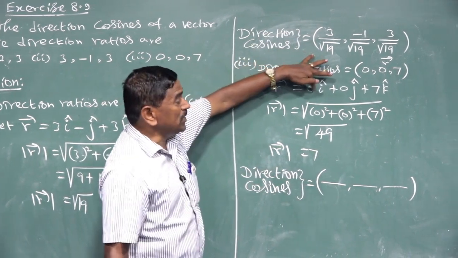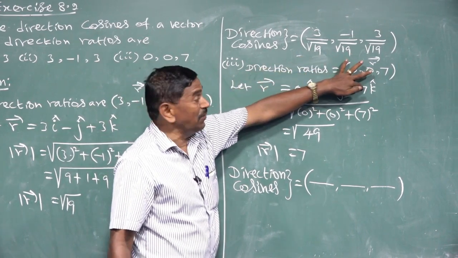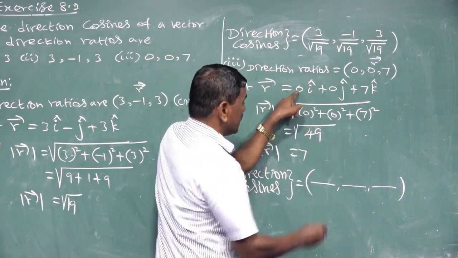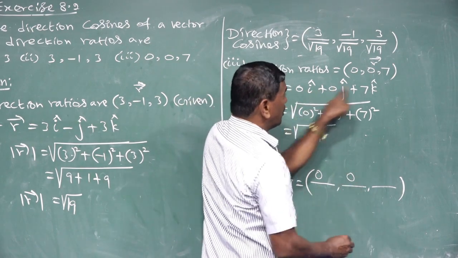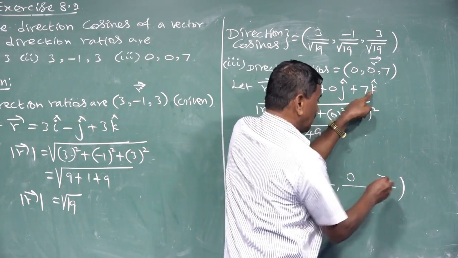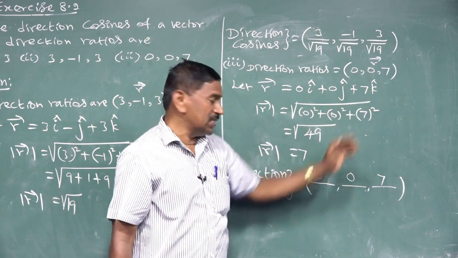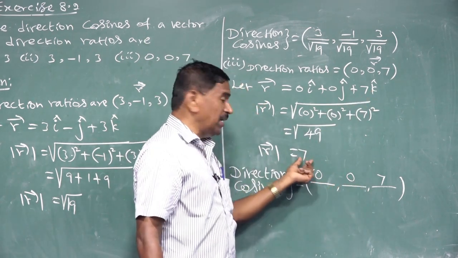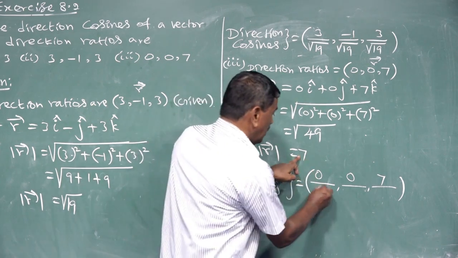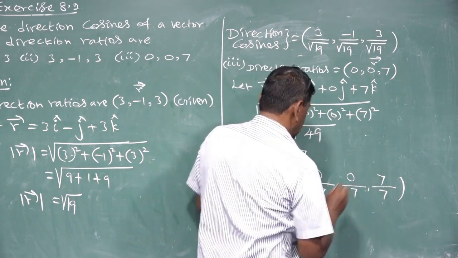Here r vector equal to 0i plus 0j plus 7k, where the i cap coefficient is 0, the j cap coefficient is 0, the k cap coefficient is 7, divided by modulus r vector. Modulus r vector equal to 7, therefore divided by 7, divided by 7, divided by 7.